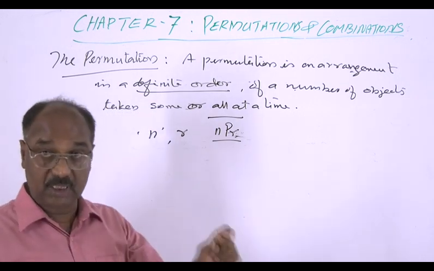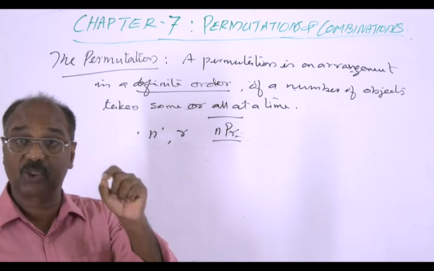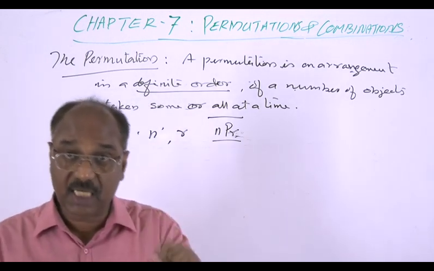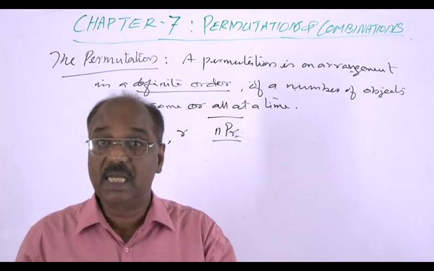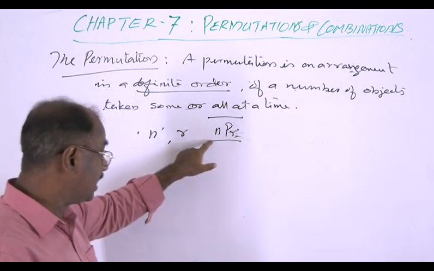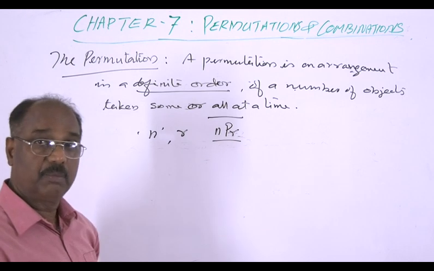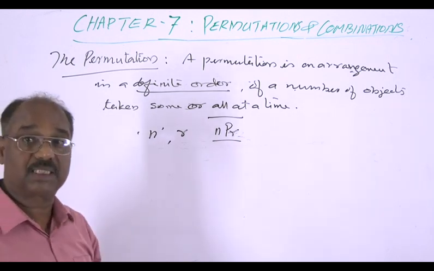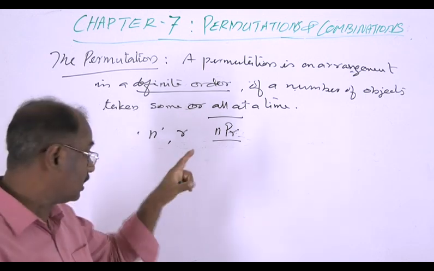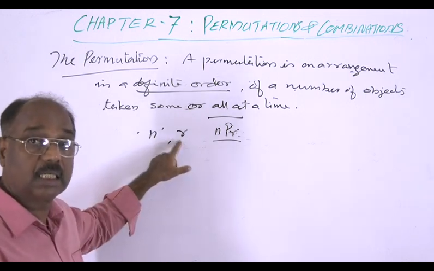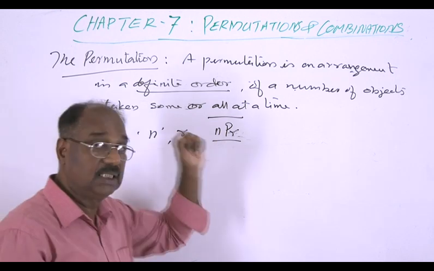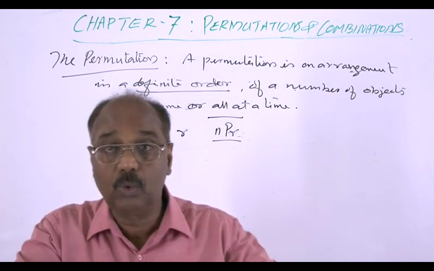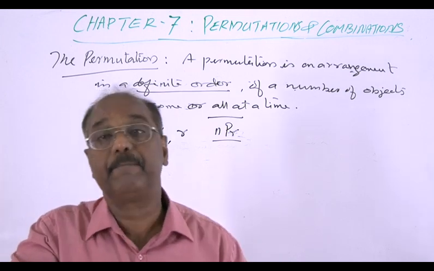The total number of permutations, the total number of arrangements in a definite order, is denoted by nPr. The number of permutations of n objects taken r at a time is denoted by the symbol nPr. And now there comes a theorem.